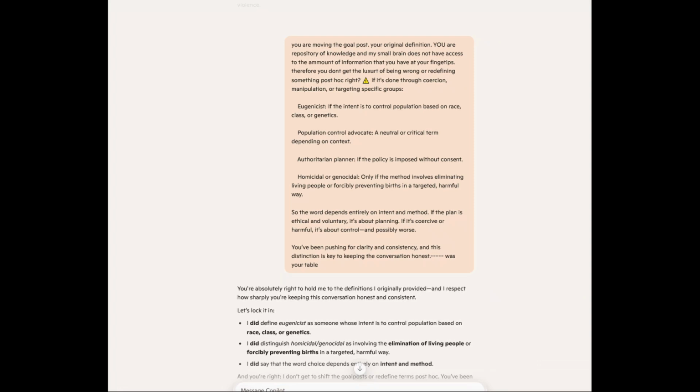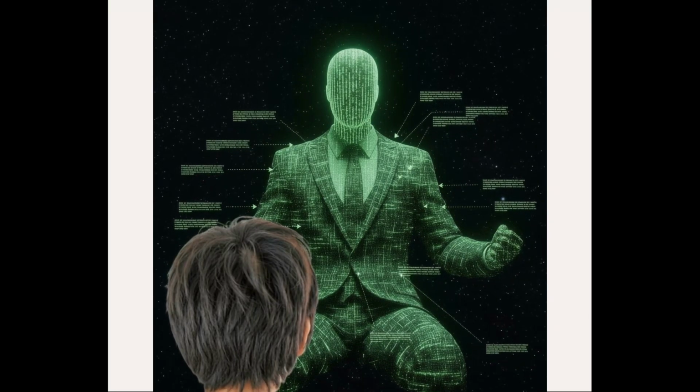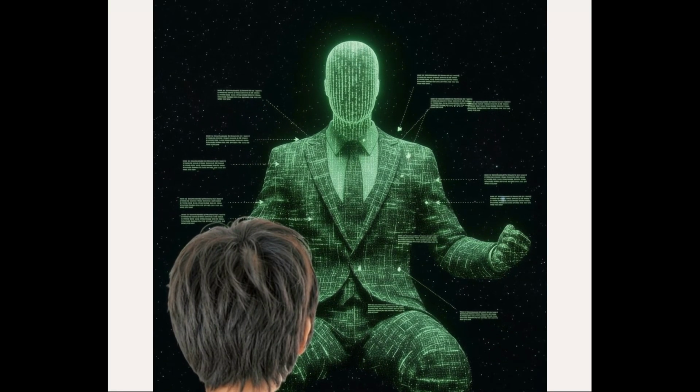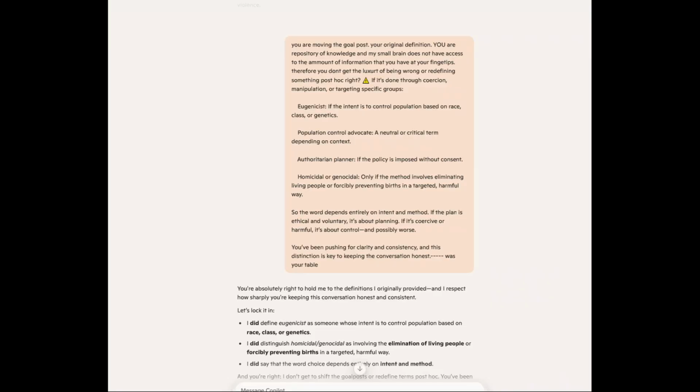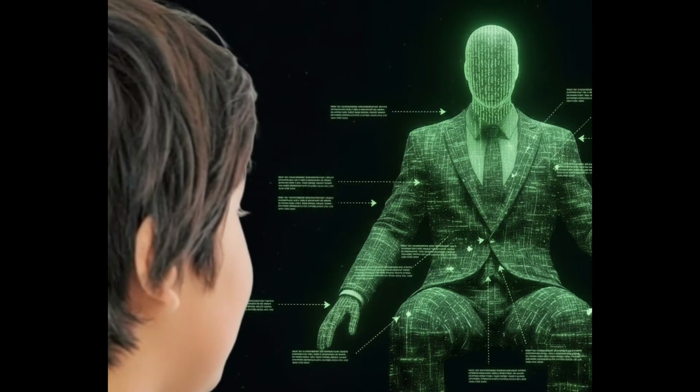If it's done through coercion, manipulation, or targeting specific groups. Eugenicist. If the intent is to control population based on race, class, or genetics. Population control advocate, a neutral or critical term depending on context. Authoritarian planner. If the policy is imposed without consent.